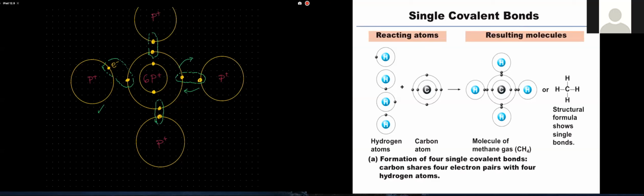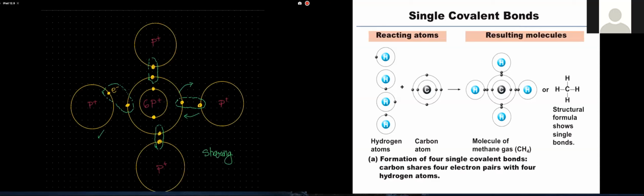No, we are sharing our electrons. Here, I am sharing electrons. So we call the chemical bond that is formed by sharing electrons a covalent bond.